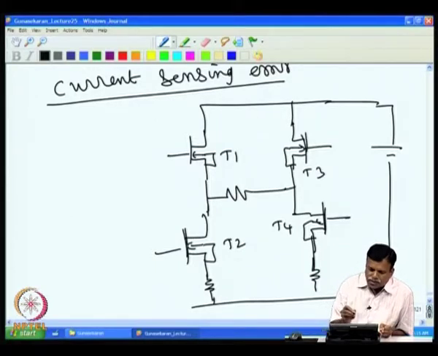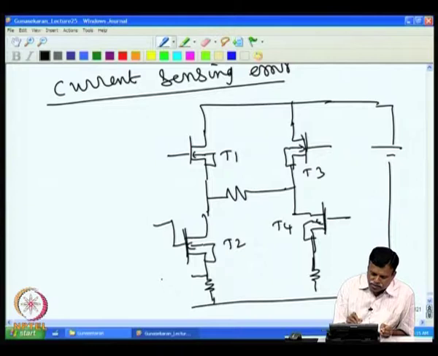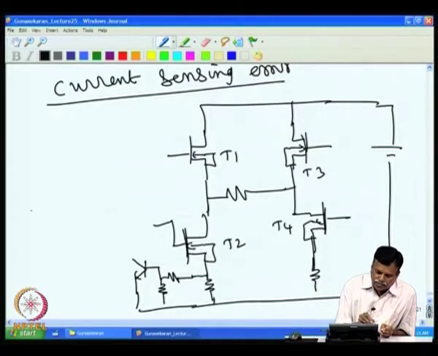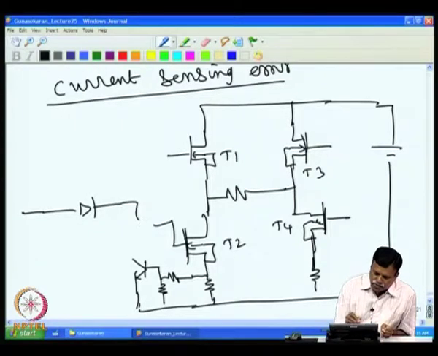Now, for short circuit protection, I will add a transistor, connect this to ground, and then connect the resistance here. Assume that we have a pulse coming at this point; you switch on by giving a pulse to this, and then make it off.